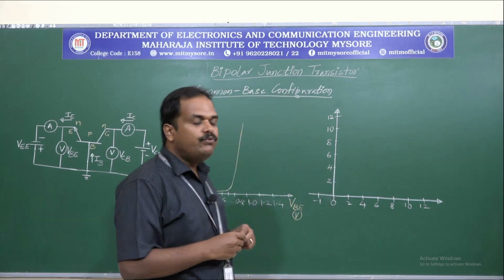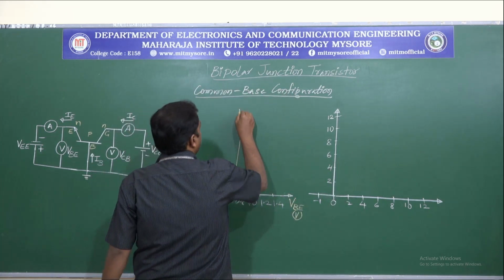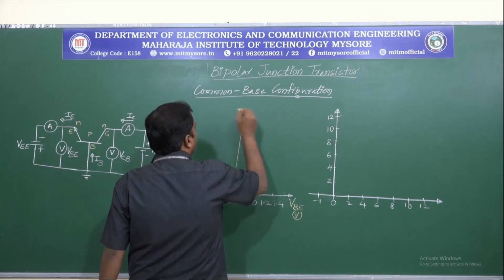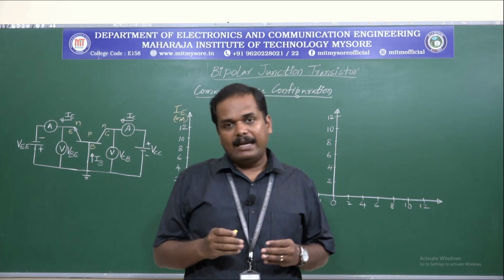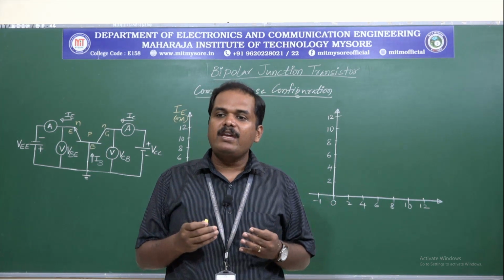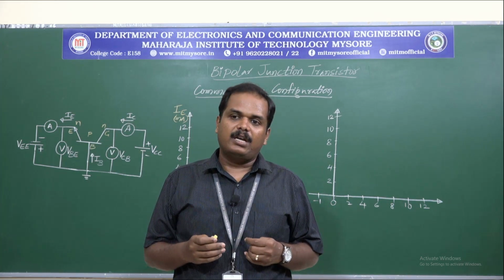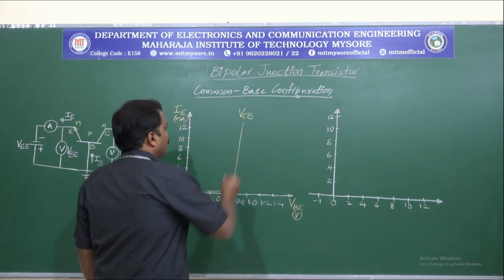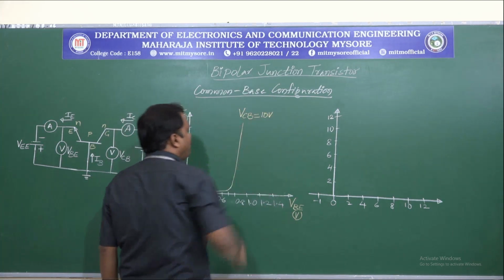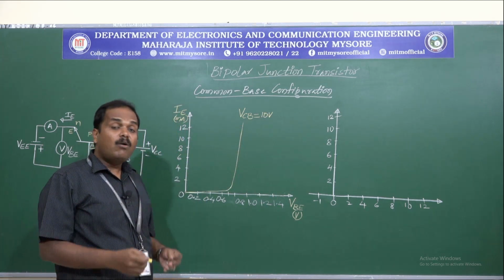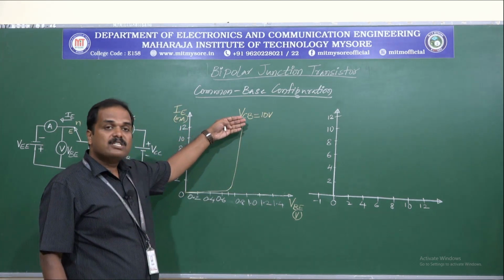Let us say the VCB we can set at different values and check the behavior of the circuit. Okay, so let us say VCB is equal to 10 volts. Now what if I change this VCB?